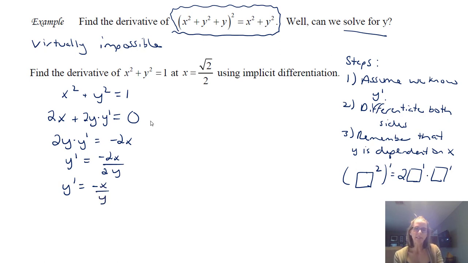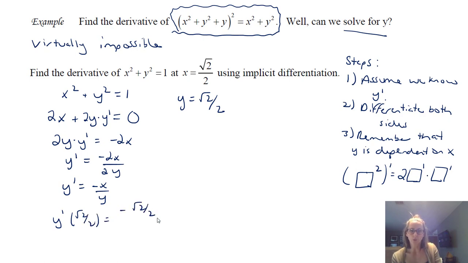But the key thing to see here is, first, we already know what y is, because we were given that on the last page, that y is root 2 over 2 as well. So you can see that y prime at root 2 over 2 is simply negative root 2 over 2 over root 2 over 2, or negative 1.